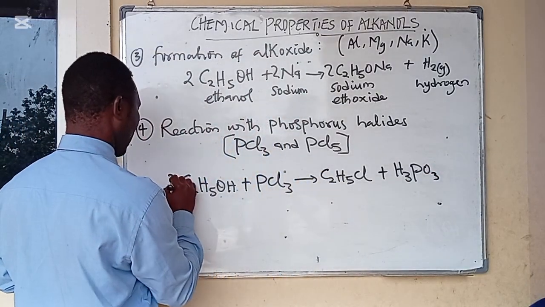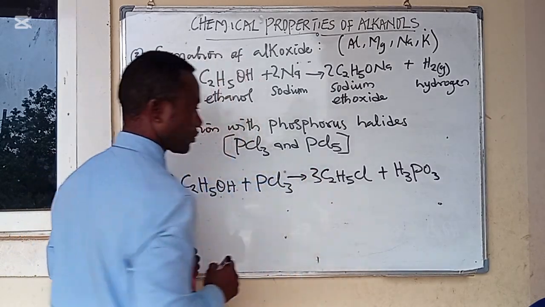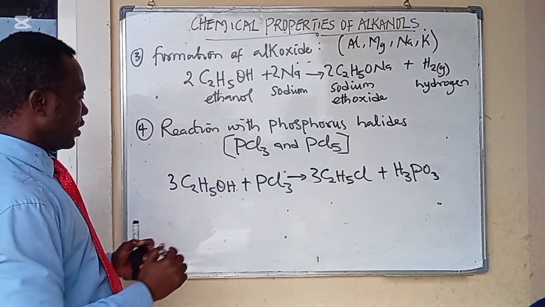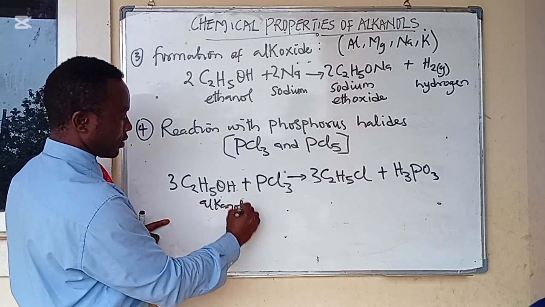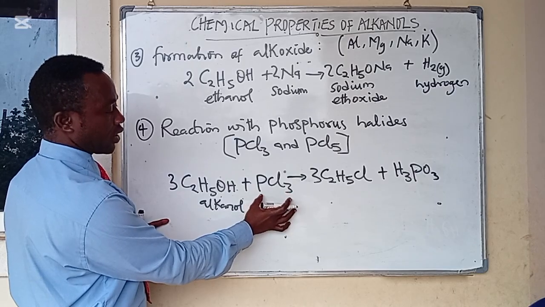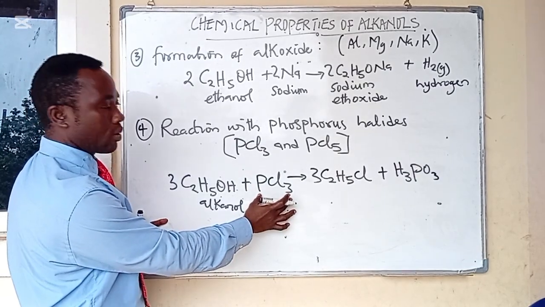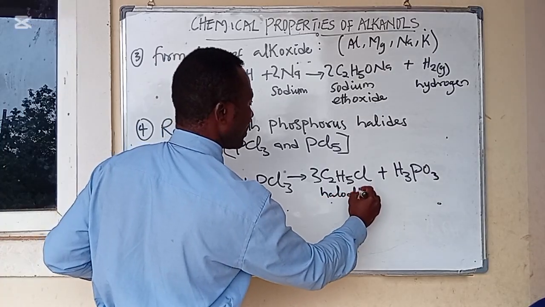So we balance the equation by adding 3 here. So anytime alkanol reacts with what? Phosphorus trichloride. This one is called phosphorus trichloride. It will give you haloalkane.